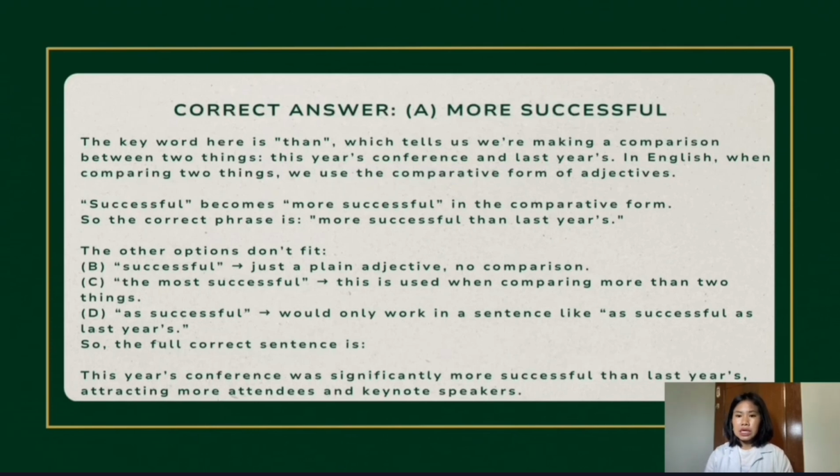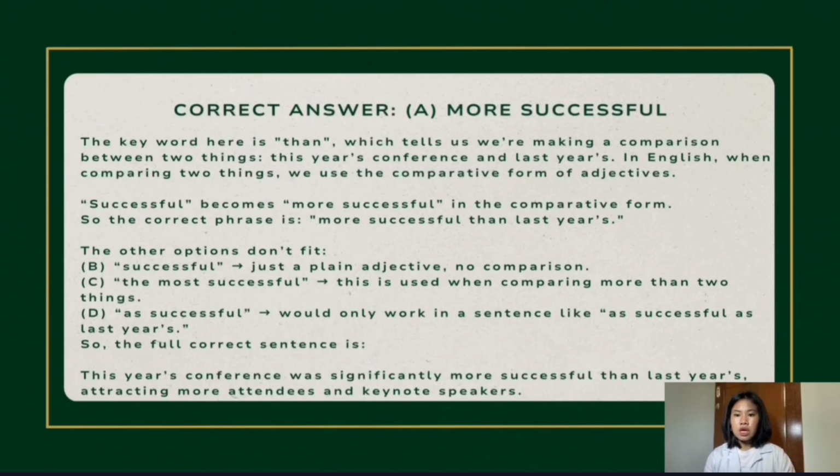The keyword here is than, which tells us we are making a comparison between two things, this year's conference and last year's. In English, when comparing two things, we use the comparative form of adjectives. Successful becomes more successful in the comparative form. So, the correct phrase is more successful than last year's.